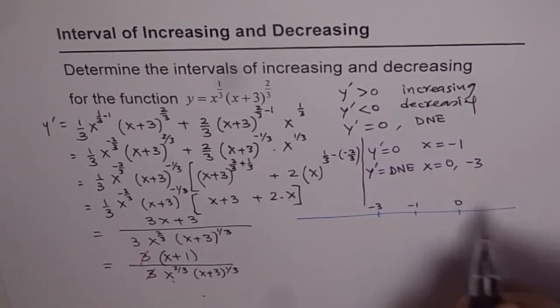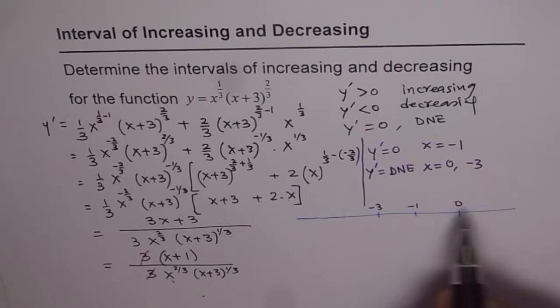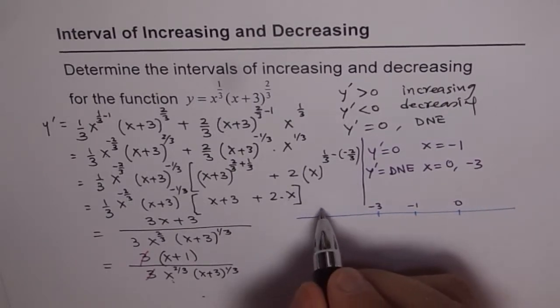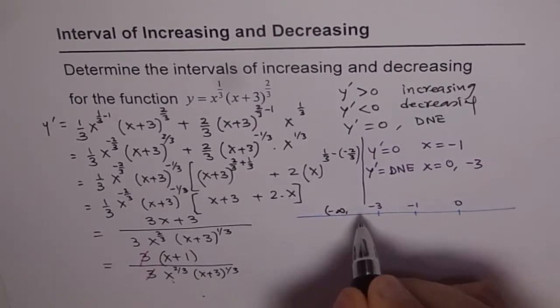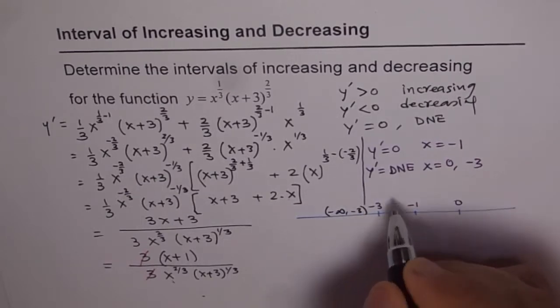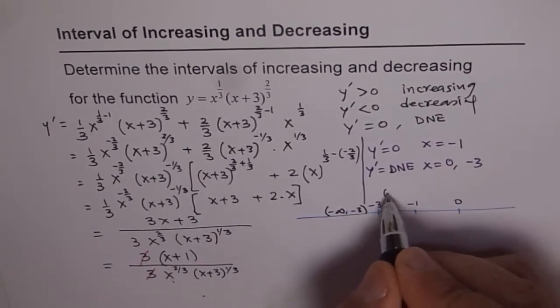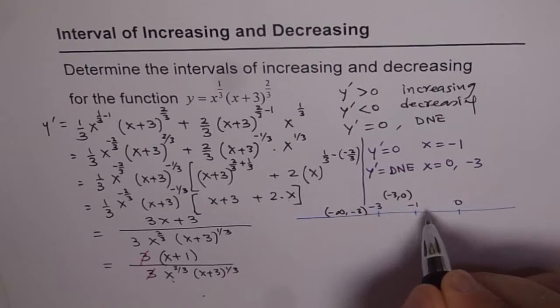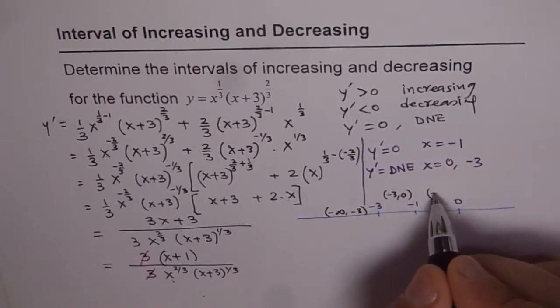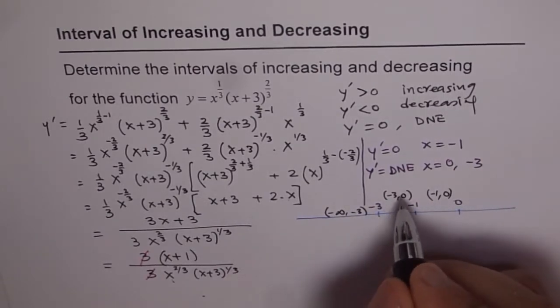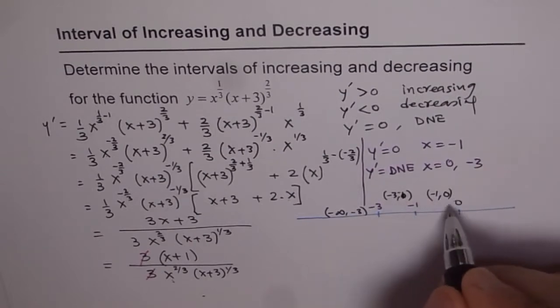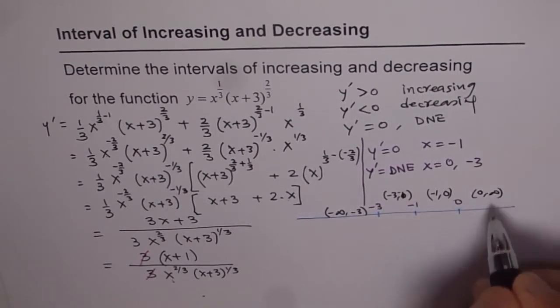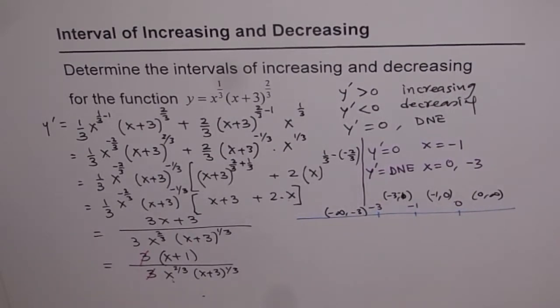These points divide the whole line into intervals: from minus infinity to minus 3, minus 3 to minus 1, minus 1 to 0, and 0 to infinity. So these are my intervals, right?